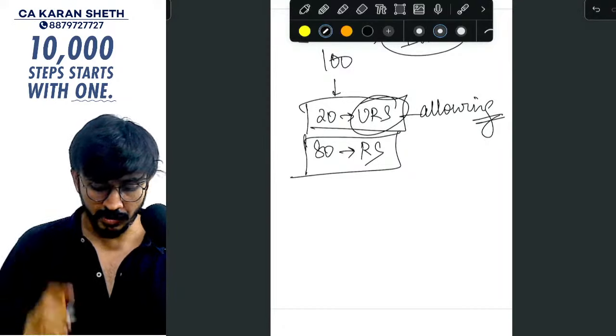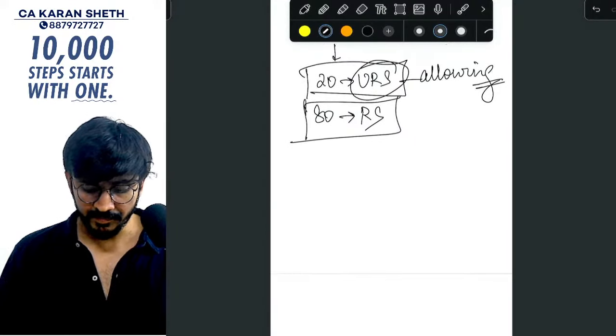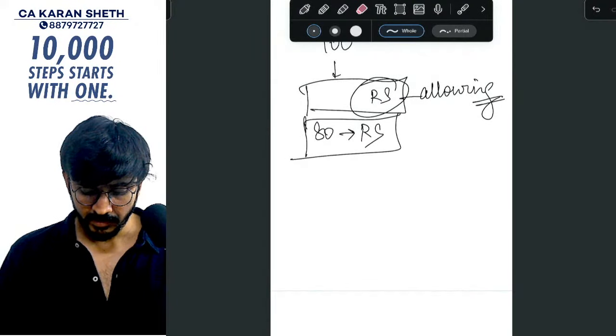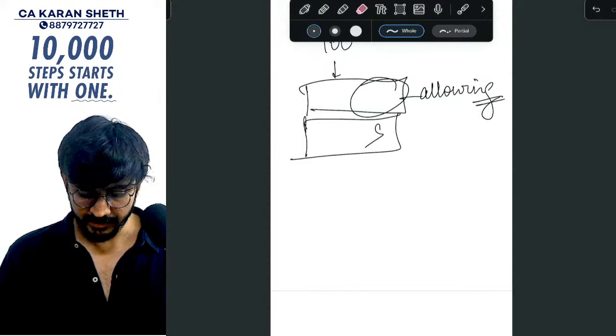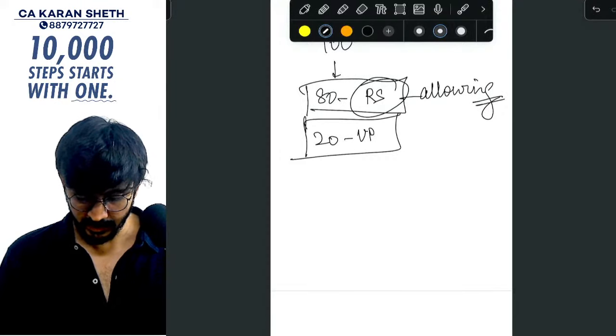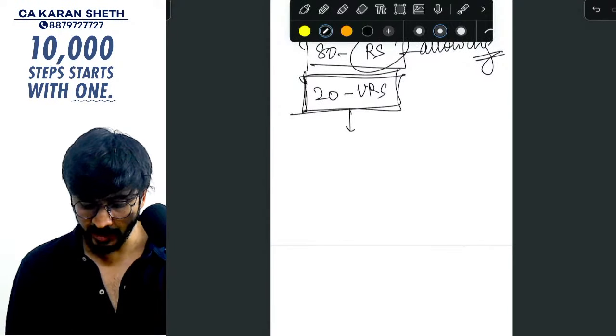Yes. So now, what did they start doing? They started using it even more. 80-20. Registered, unregistered, right? Of this, they made the best use.